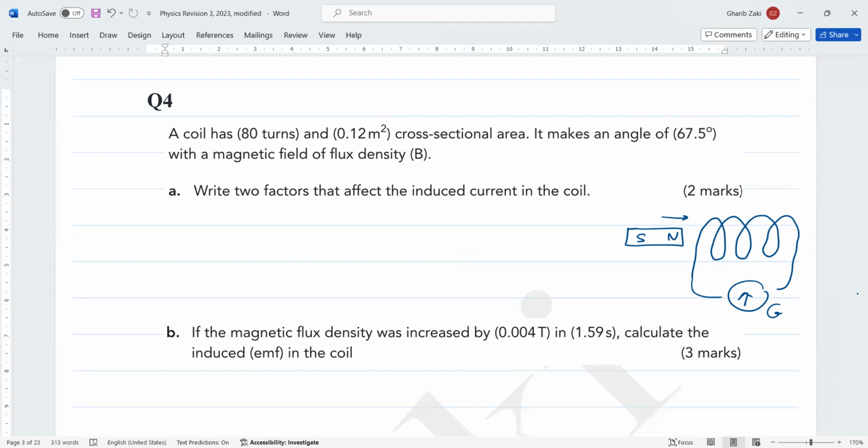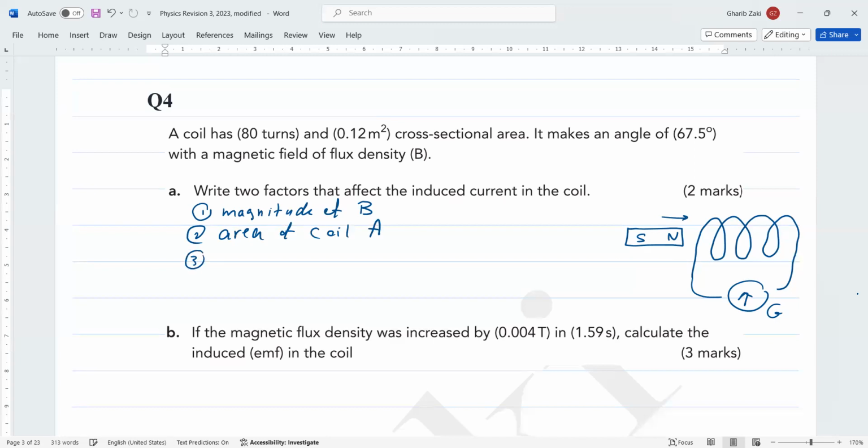We have 4 factors. We just need 2 factors, any 2. Number 1, the magnitude of B, the magnitude of magnetic flux density. Number 2, the area of the coil.